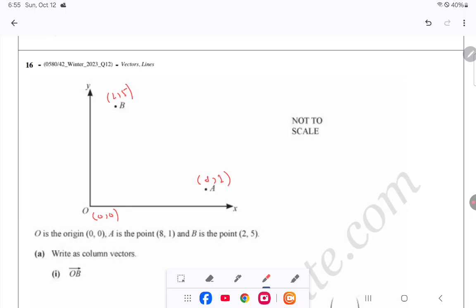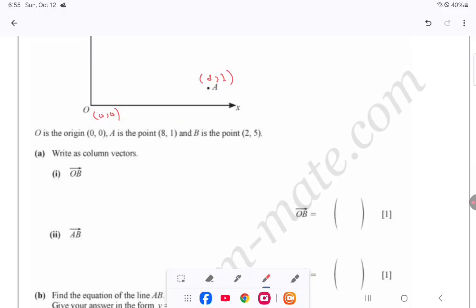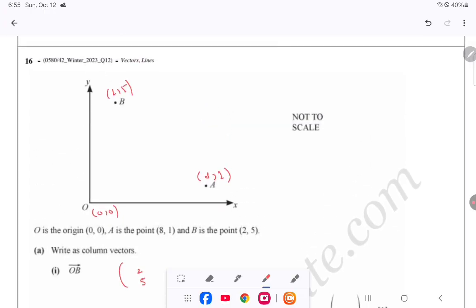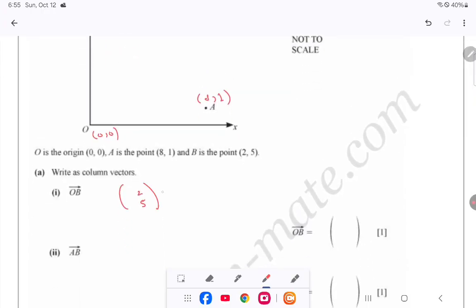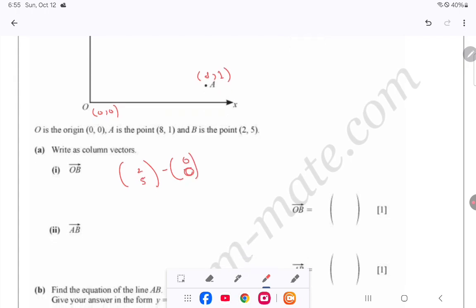Now write the column vector OB, which means B minus O. Write down the vector B, which is 2, 5, and minus O, which is 0, 0. It will give you 2 over 5, because from the origin the distance of B will remain the same. So the first one is 2, 5.